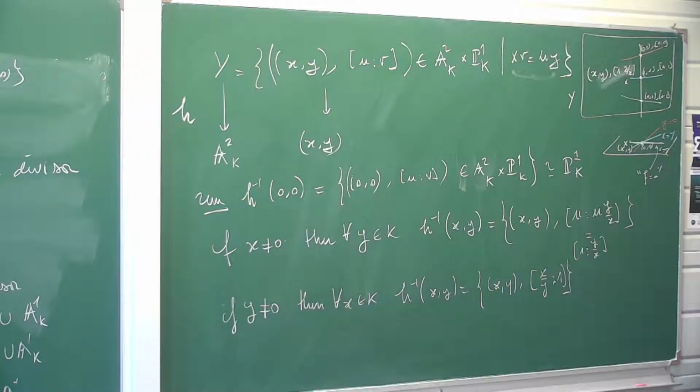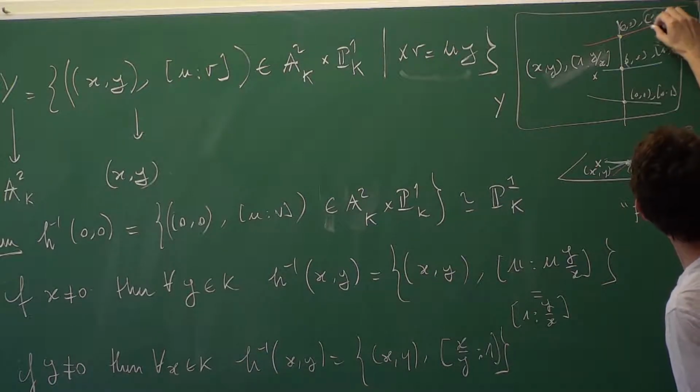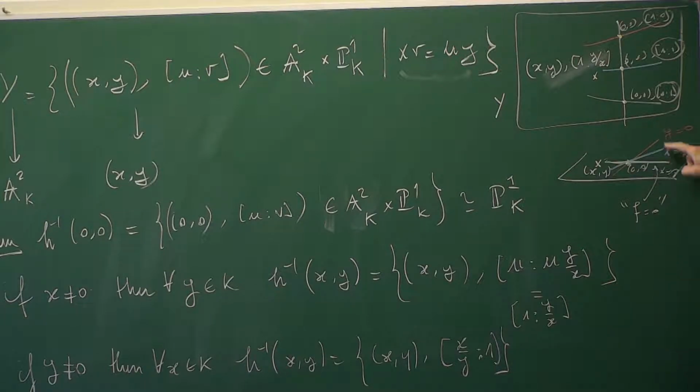And to come back to the talk of Georges, you see that the point in the projective coordinate here is exactly the slope of the line which is here. Okay? So a point of the projective line is the slope of a line. And here, if you look at the different slopes, you see that it appears here. So for instance, here you have a slope 1, and this corresponds to the point of the projective line (1, 1). Okay. So this is an example of a resolution of singularities.